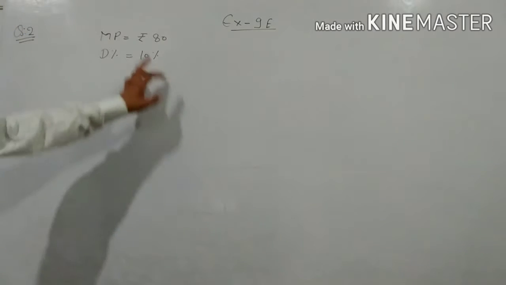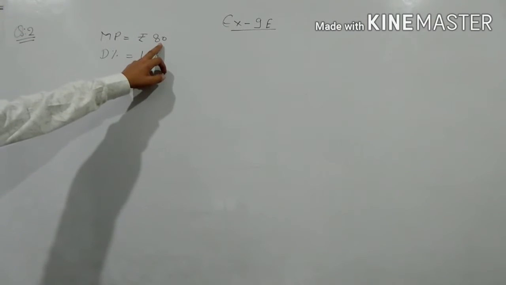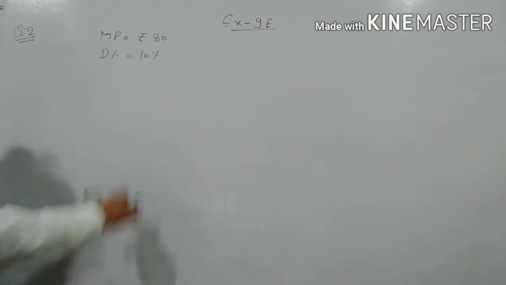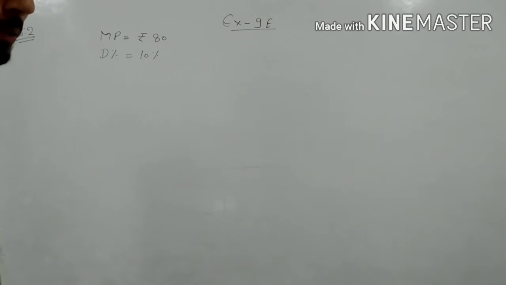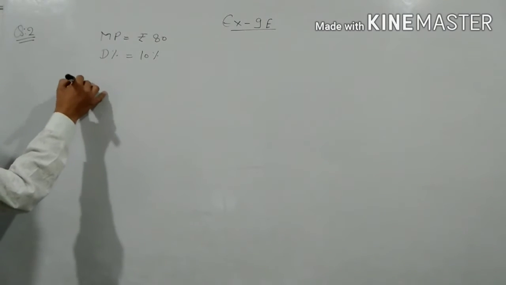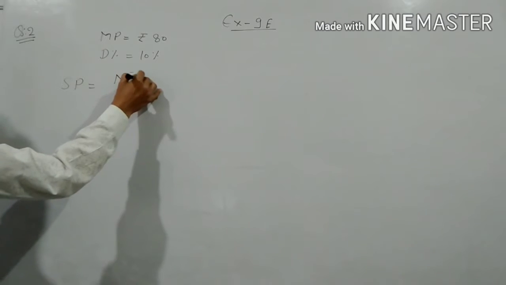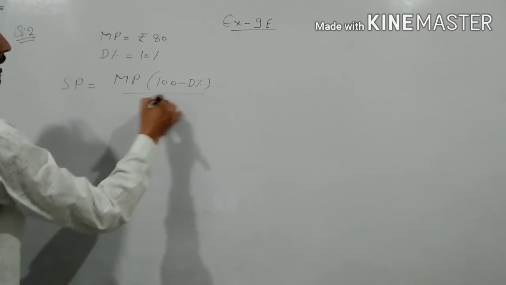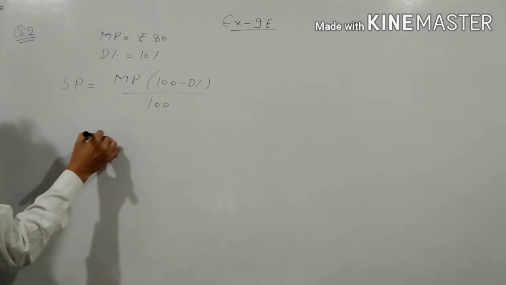276. Market price of an article is 80 and discount is 10%. So we have to find selling price SP. SP is equal to MP into (100 minus discount percent) upon 100.